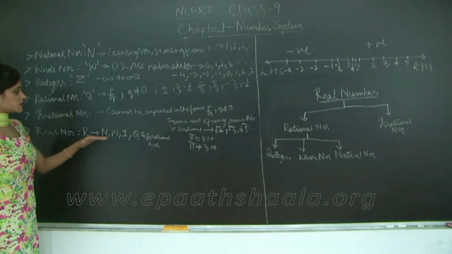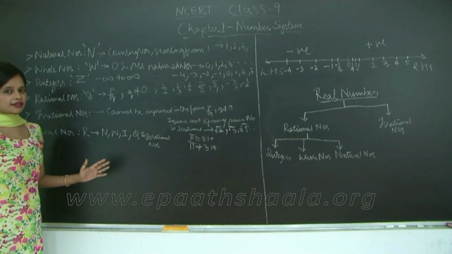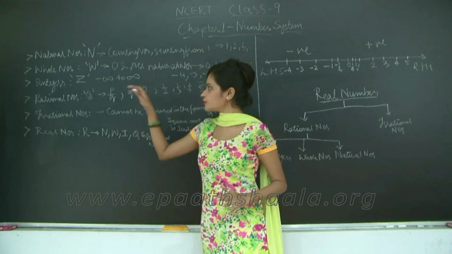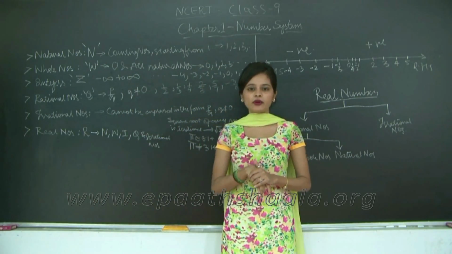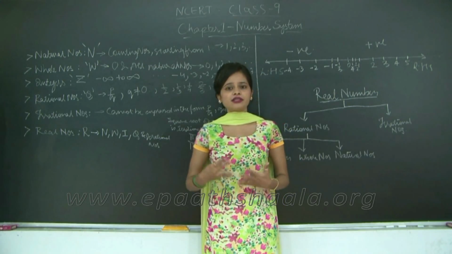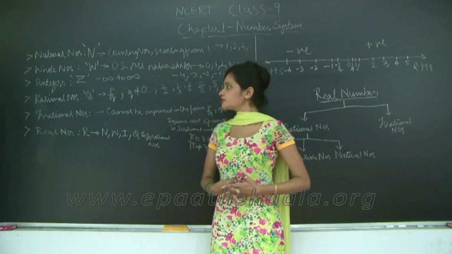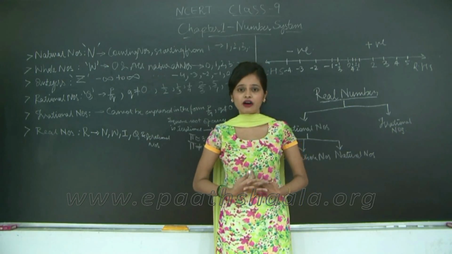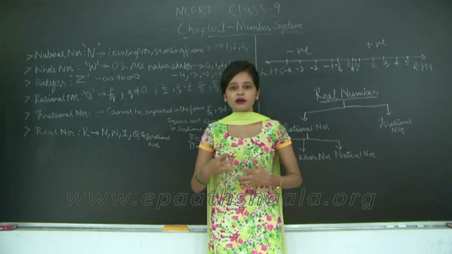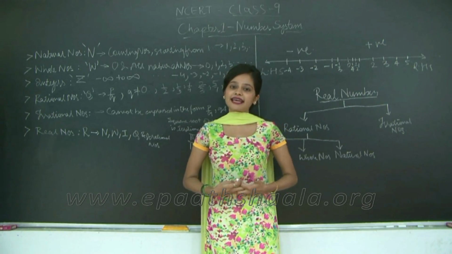Okay, so real numbers will hold both your rational as well as irrational numbers. So this was about the explanation of the different kinds of numbers that we will be dealing with, not just in your 9th standard, but you've already been dealing with, just that the definitions were not clear. So I hope you have learned the definitions now, and we'll see how we're going to work with these numbers and how they are defined in more detail in the next class.